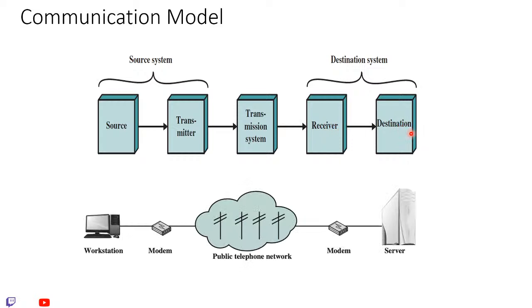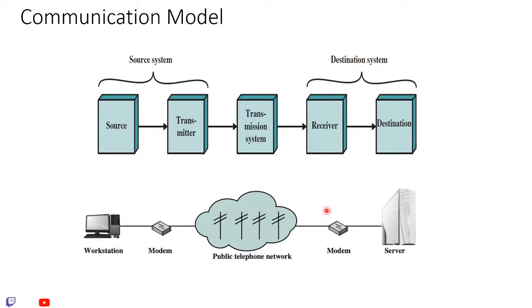Further discussing that, this is the real life example. We have the workstation, PC or laptop. It goes to the transmitter, which is the modem, and it goes to the transmission system, which is the public telephone network. After that, the destination system has a modem to receive it.